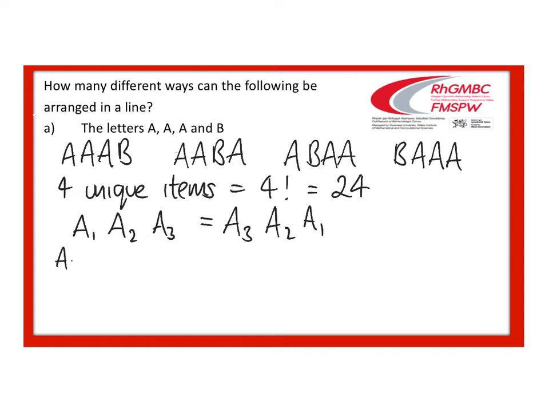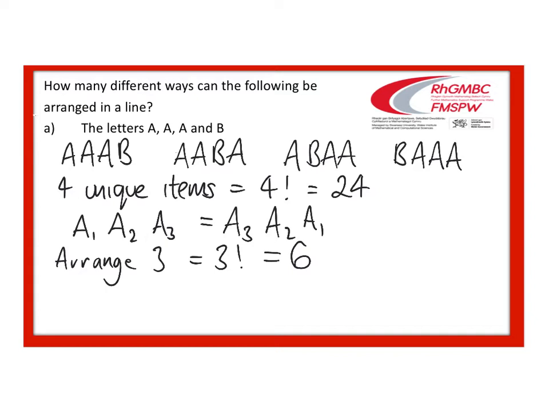So to arrange 2 unique items, we know is 2 factorial. So 2 ways. So what's essentially happening here is we start off with the arrangement of 3 unique items, 6 of them.